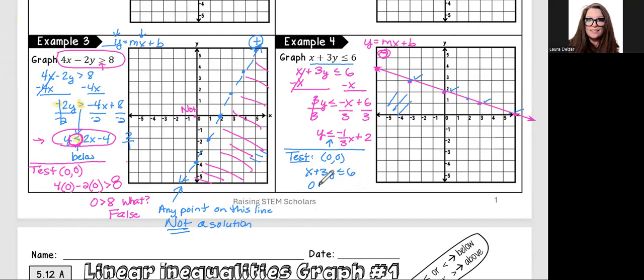Plug my 0 in. Plus 3 times 0, less than or equal to 6. So that's 0 plus 0, so 0 is less than or equal to 6. This is true. So when we shade in the direction where the 0 is, all of these points over here are possible solutions because they fall into the area where it is a solution.